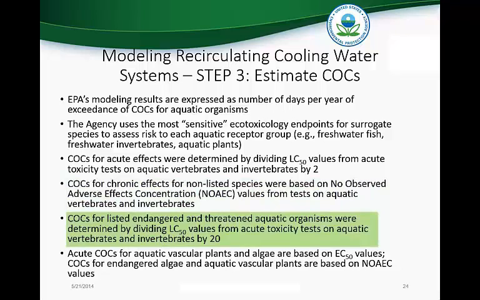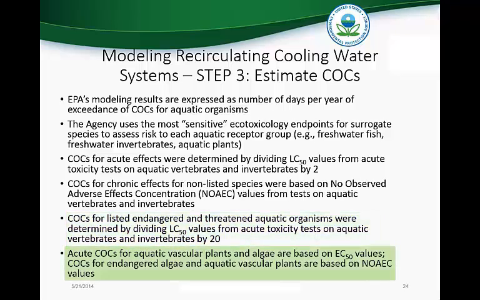COCs for listed, endangered, and threatened aquatic organisms are determined by dividing LC50 values from acute toxicity tests on aquatic vertebrates and invertebrates by a factor of 20. Acute COCs for aquatic vascular plants and algae are based on EC50 values. COCs for endangered algae and aquatic vascular plants are based on NOAC values.